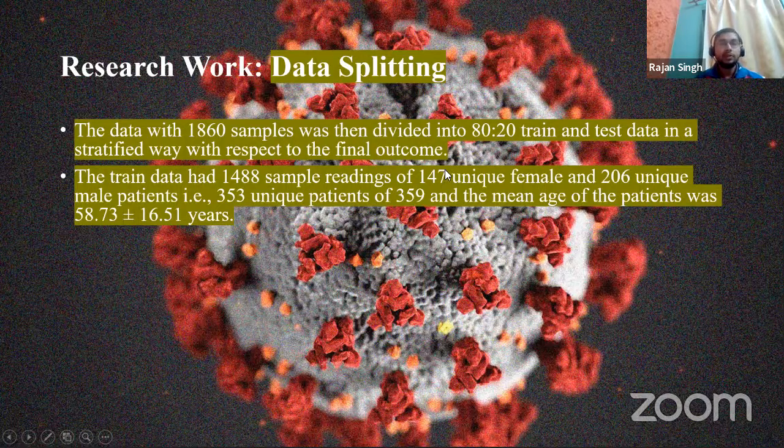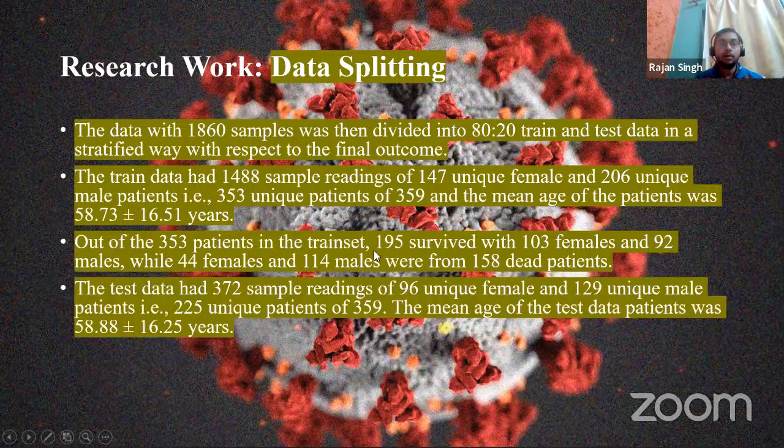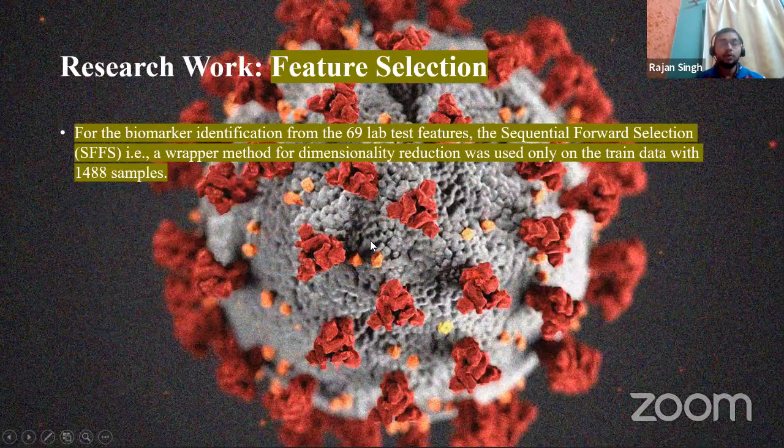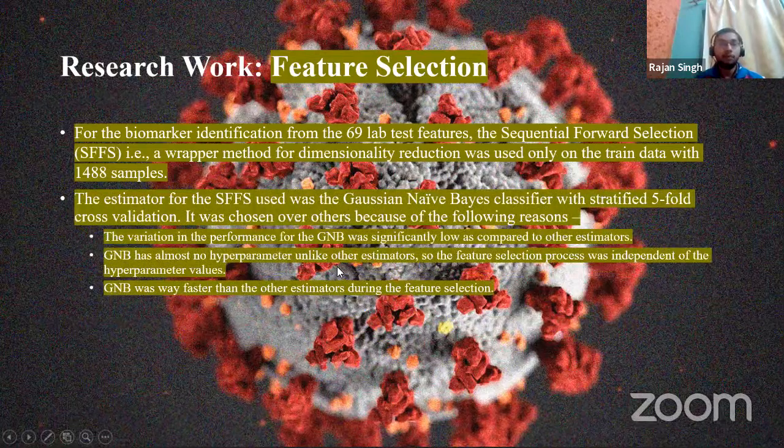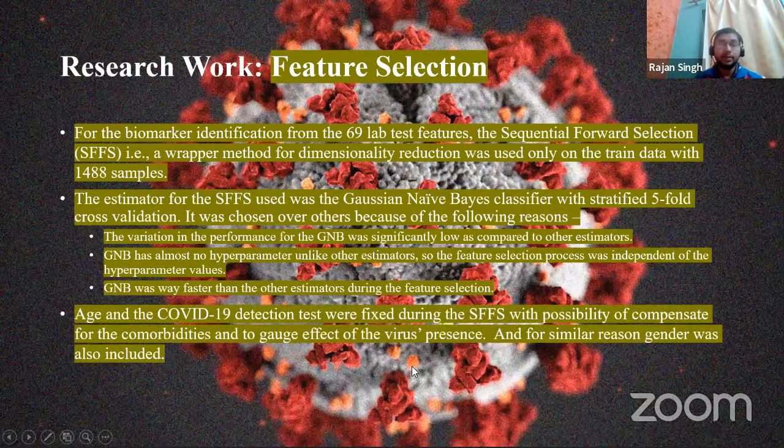And for feature selection, we used a wrapper-based method. Gaussian naive Bayes was used because it had significantly higher performance than the other estimators. The detection test and age were fixed for this, so as to include the comorbidities.